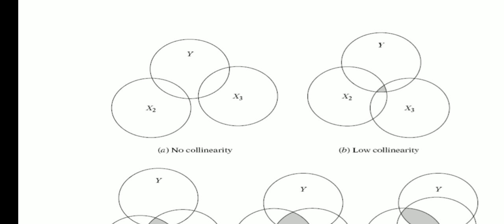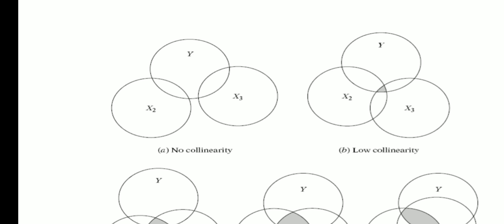In the second figure, B, there is a small overlap between y, x2 and x3. Y is the dependent variable and the other two, x2 and x3, are the independent variables. So the overlap represents the collinearity.